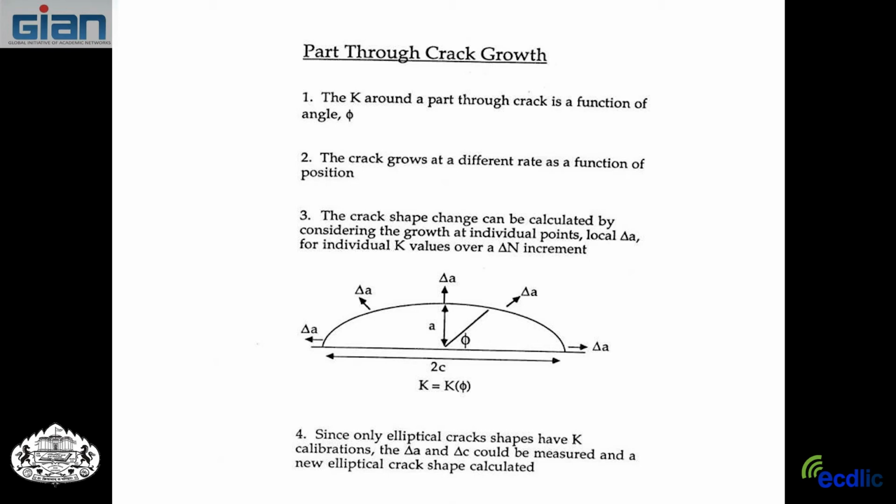Sine squared plus cosine squared equals 1. So this whole thing goes to 1, and all you have left is this stuff out front. So as a consequence, given pure tension without anything to interrupt, the crack wants to grow into a semicircle. So if it's long and thin to start with, it tries to grow into a semicircle. So that gives you some idea of how to assume the shape of the crack as it grows.